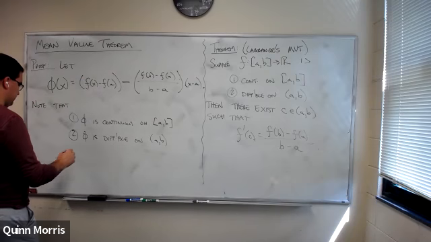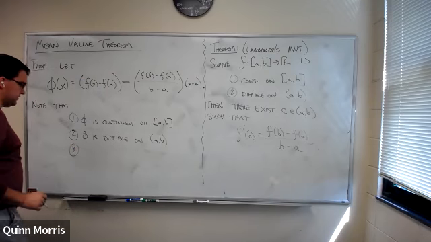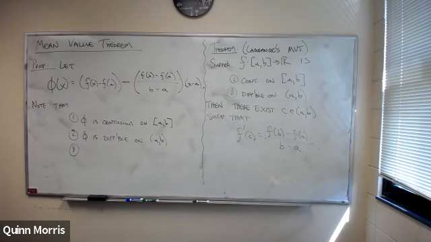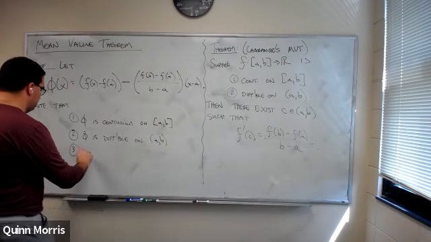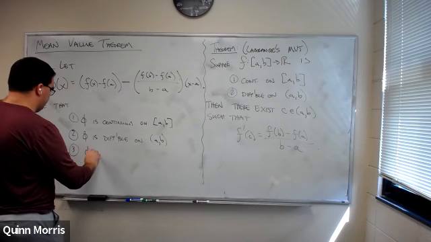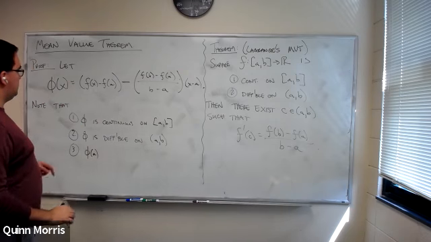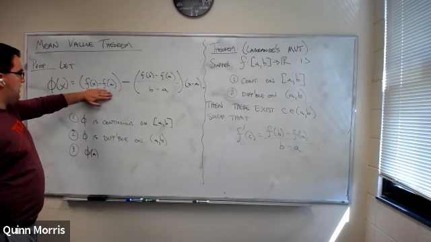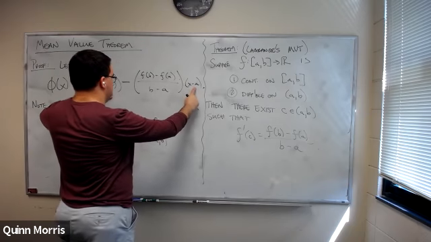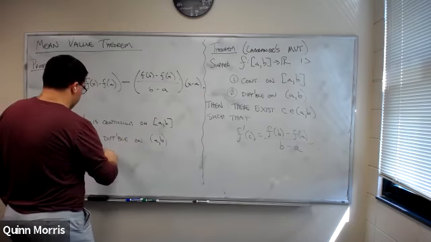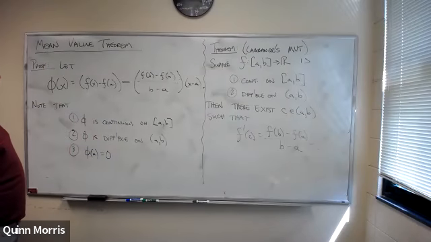And now finally, this is really where why we chose a specific definition of phi comes into play. Let's see, what's phi of a? Phi of a will be f of a minus f of a, so that'll be 0, and if x is a, then that term is 0 too, so phi of a is equal to 0. What about phi of b?